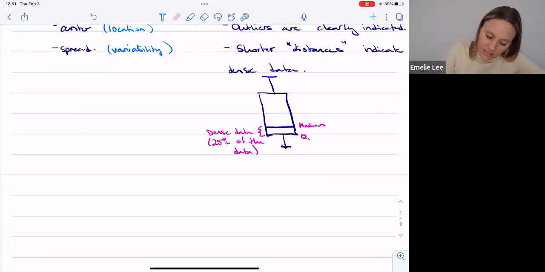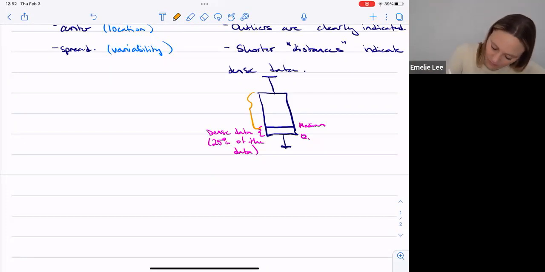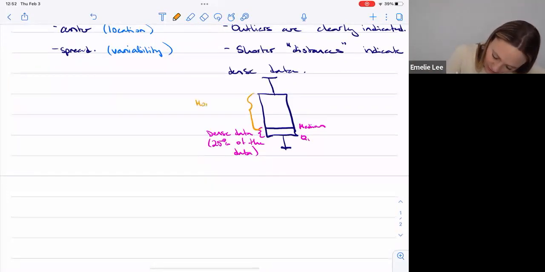And so there you have dense data, whereas here, this data is more spread out. There's still 25% of the data, right? But it took longer to accumulate that 25%, and so here this is more spread out, because it's still 25% of the data.